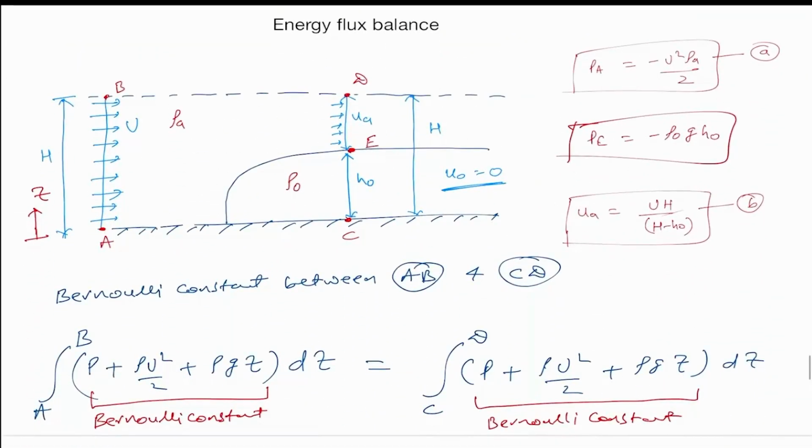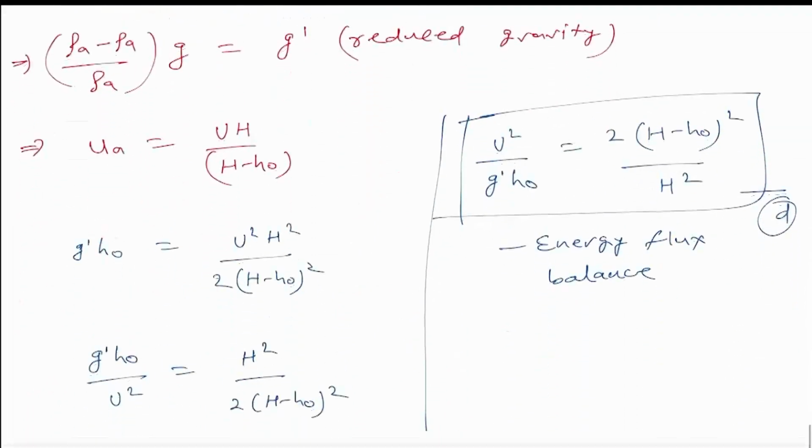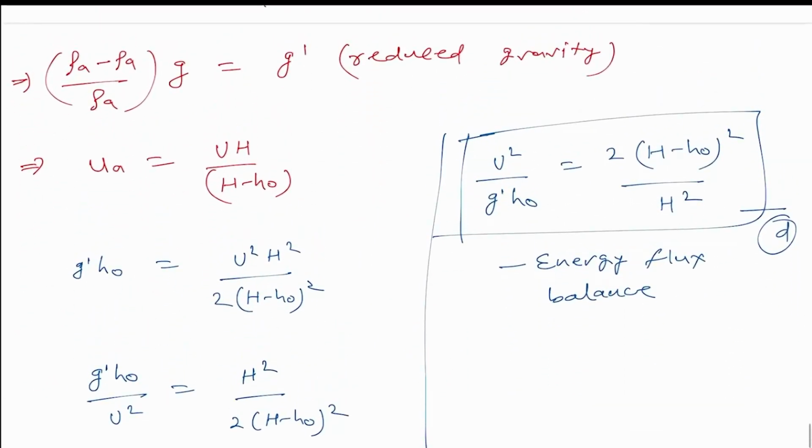And then we further derived energy flux balance, and that gives us equation number D, where again, as with momentum flux balance, the left hand side is U square over g prime H naught, and the right hand side is in the form of capital H and H naught. Okay, so these three equations we have derived, and now we are going to use these equations to solve for the gravity current to find the parameters of our interest.